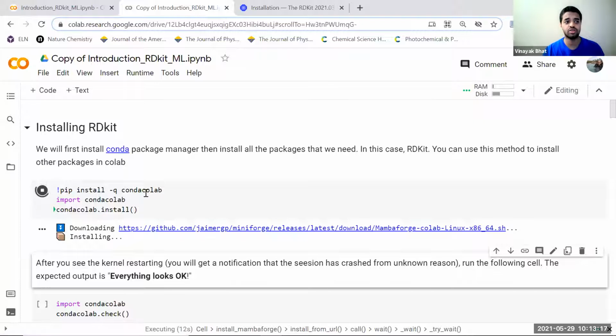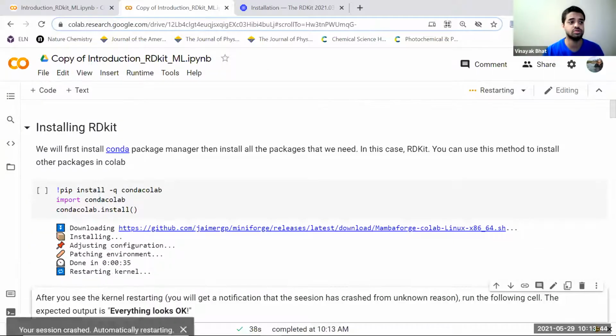So we'll be installing conda, and this is how we are going to install conda. Click on this play button, or just press shift enter, and it should start running. It'll take a minute or so to run. If you're at this point where it is running, you're good to go.